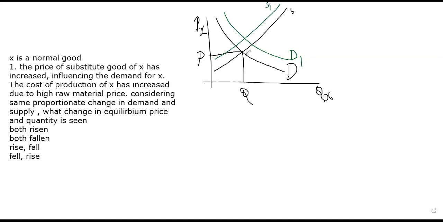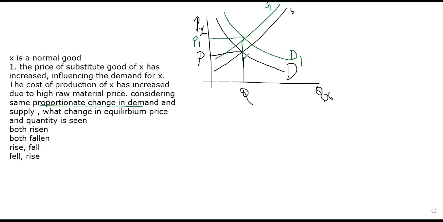What is the change in price? Okay, both. It is not like both are changing. Price has increased. I have given in the question that demand and supply are changing in the same proportion. Since I have not written it in the option, can you see that there is no change in quantity?